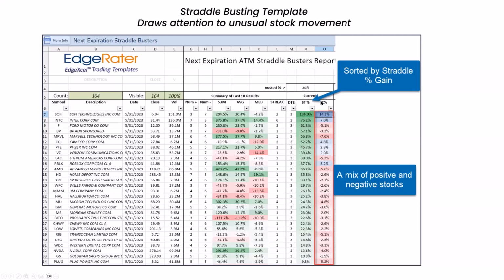Just briefly here, what we're trying to show is that on the current day, you can have stocks appearing at the top of this list because the straddle has made the most percentage gain, whether the price of the underlying went up or went down. This is agnostic to price. It's just talking about whether expectations were exceeded or contained.